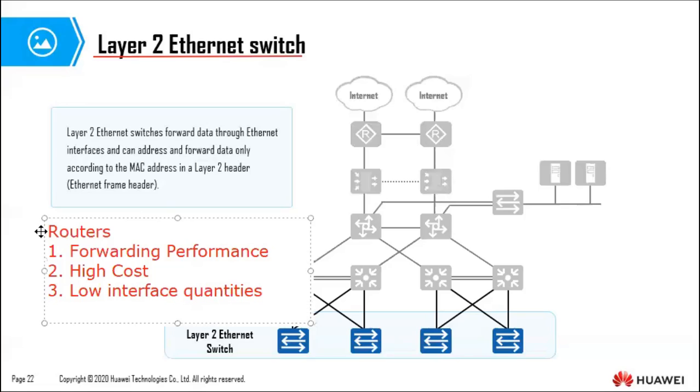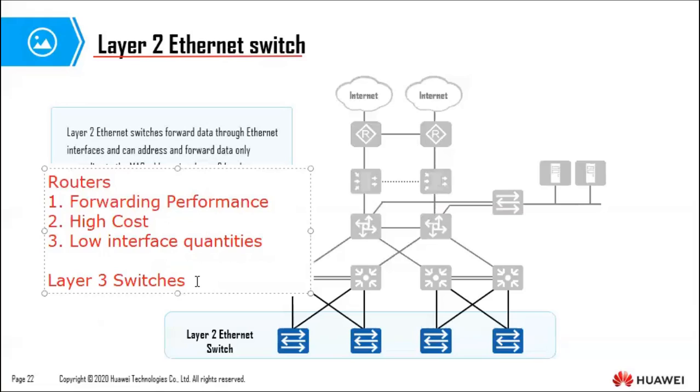So for this reason, for the aggregation layer and core layer, sometimes we use layer 3 switches. Right now, we won't go deep into explaining what forwarding performance is, but just know that the method that switches use to forward data is quite a bit faster compared to routers.